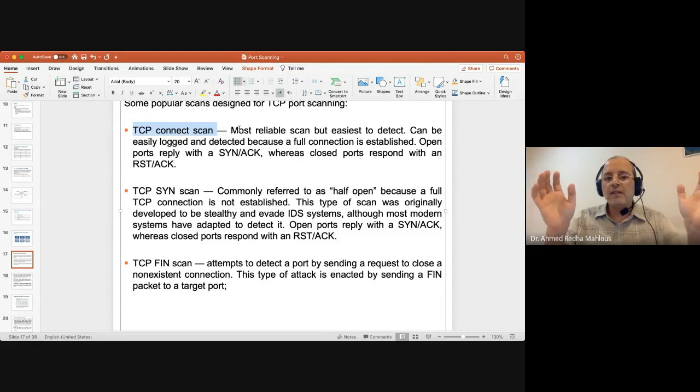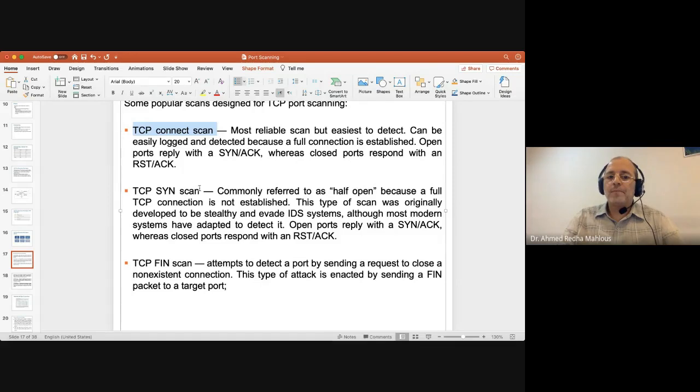If the port is open, you will receive a SYN-ACK. If the port is closed, what will you receive? You will receive an RST-ACK. That is the TCP connect scan, the full scan.